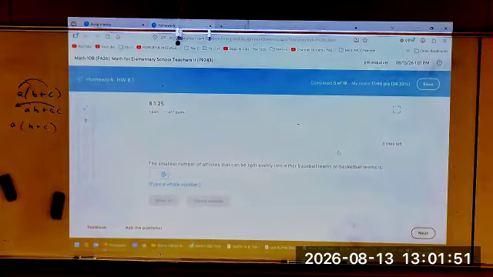The smallest number of athletes that can be split evenly into either baseball teams or basketball teams. So if you have 15 people, you get one basketball team. If you get 25 people, you get one baseball team. You get 30, you get 2 basketball teams.